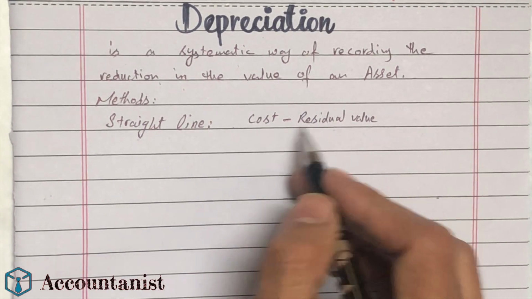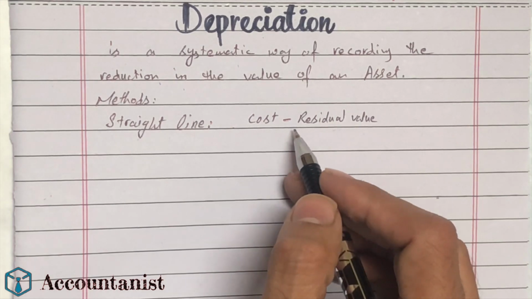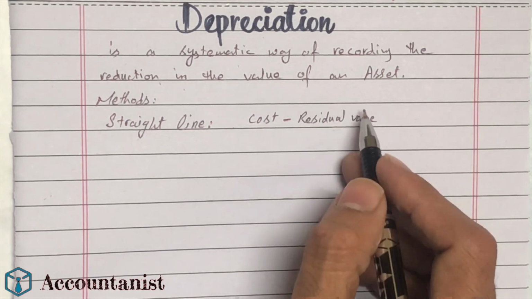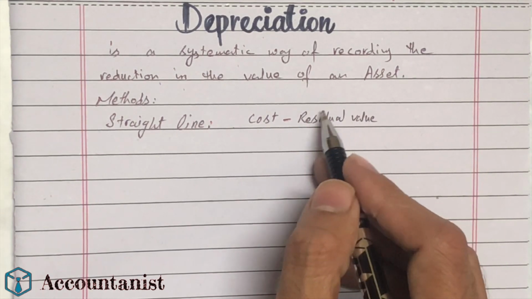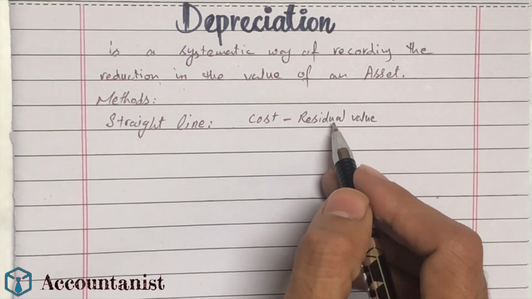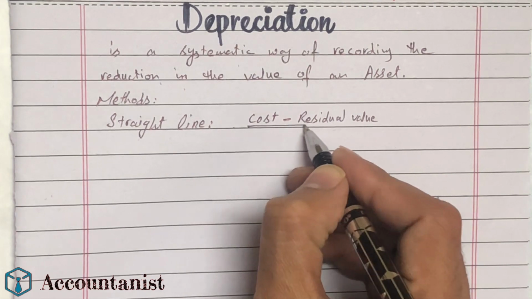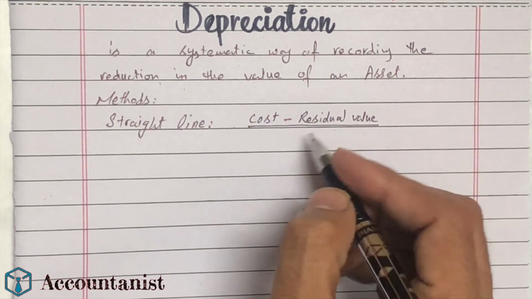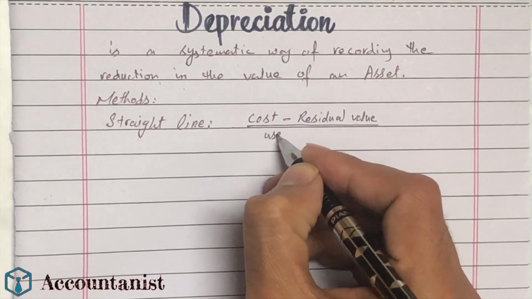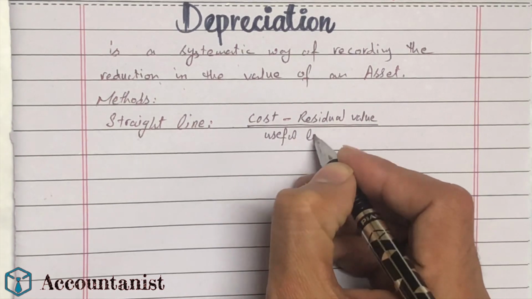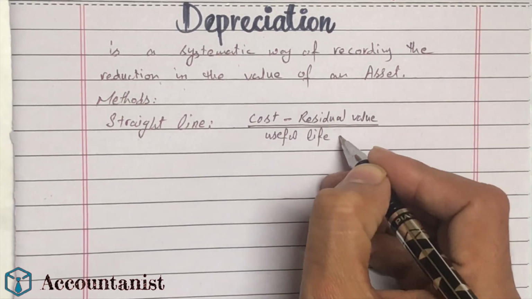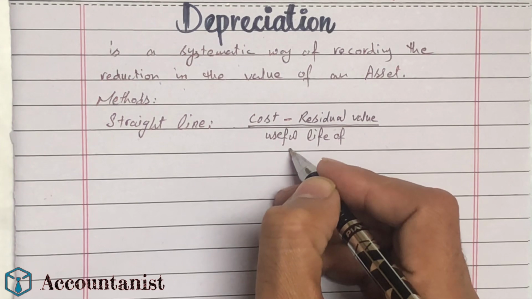Like if we have an asset that has a useful life of 4 years, after 4 years, how much will be the value of this asset, meaning the scrap value or the residual value. So we'll divide this number by the useful life of the asset.